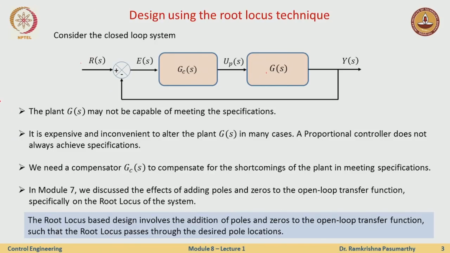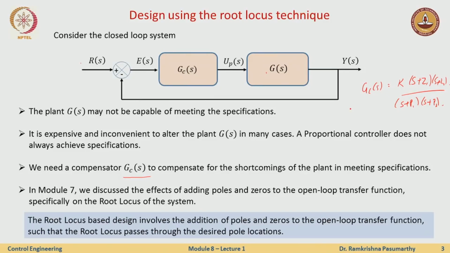When I say I am adding a compensator, it essentially means that I will have a system with possibly some gain, some zeros, and some poles, and so on. Again, I will make sure that the number of poles is greater than or equal to the number of zeros to maintain the causality condition.